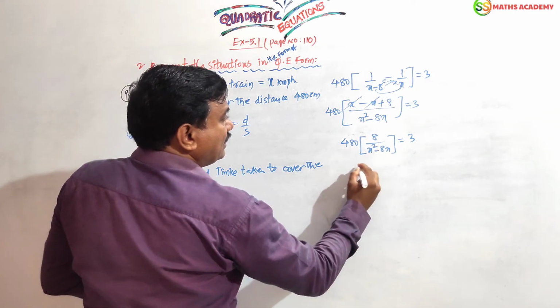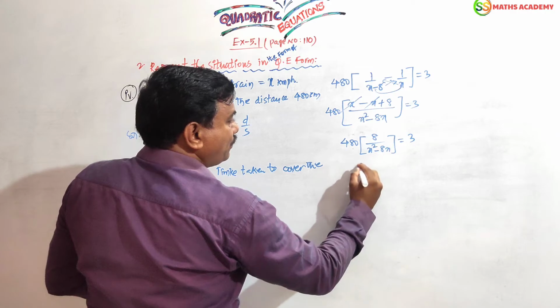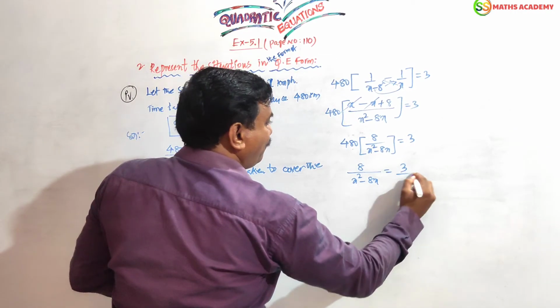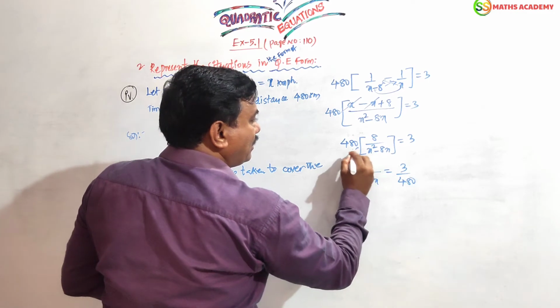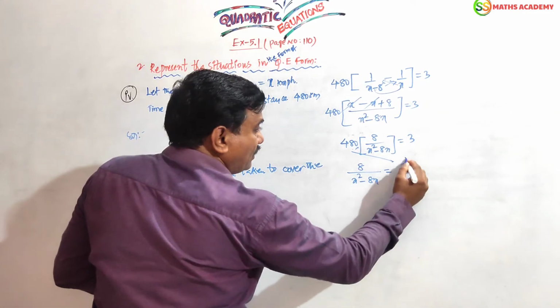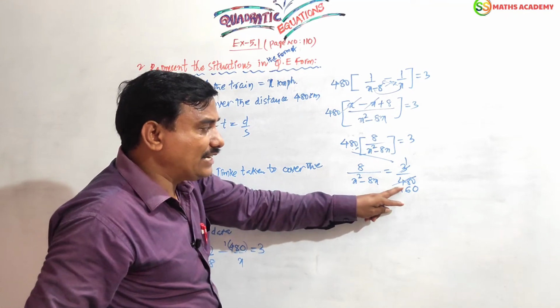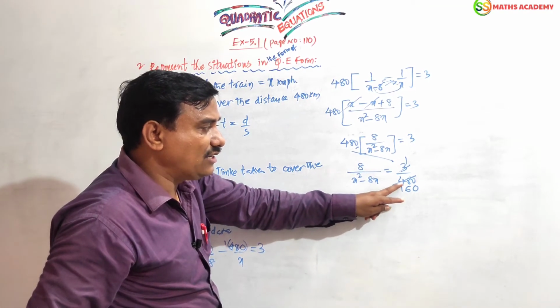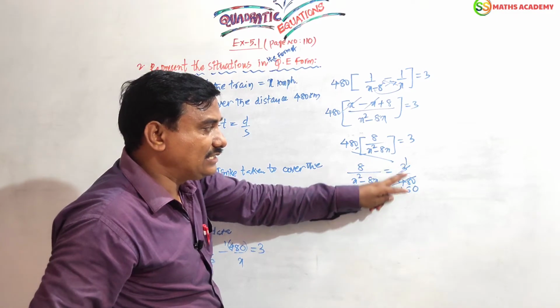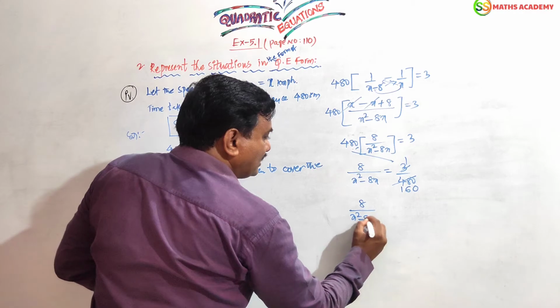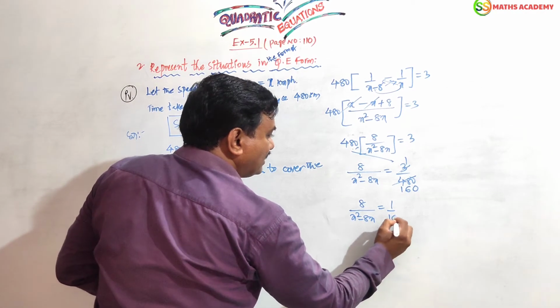Now friends, transfer 480 to the right side and it becomes the denominator: 3 by 480. 3 divides 480, 160 times. So 8 by x square minus 8x is equal to 1 by 160.